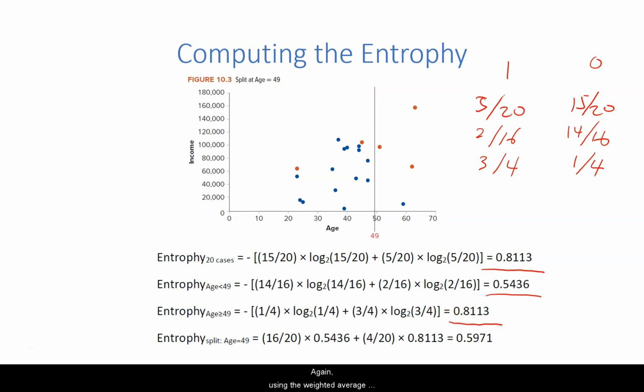0.8113. Again, using the weighted average approach discussed earlier, the combined entropy value for the split at age equal to 49 is 0.5971. Compared to the original entropy of 0.8113, the split is able to improve the purity of the resulting subsets.